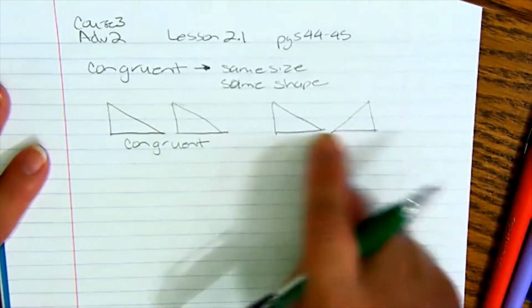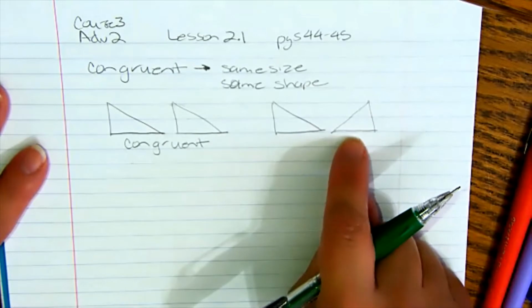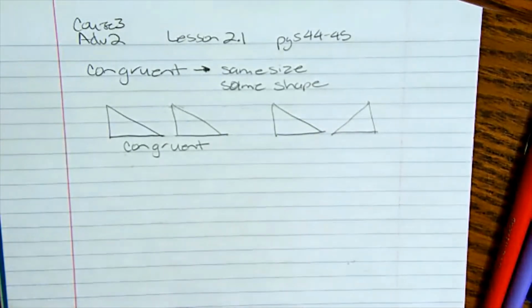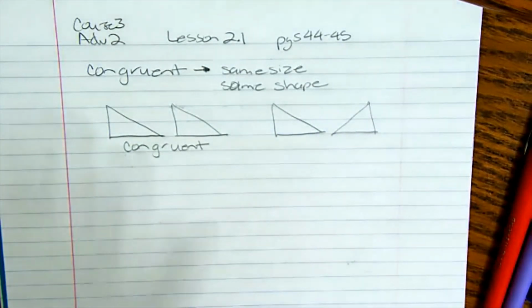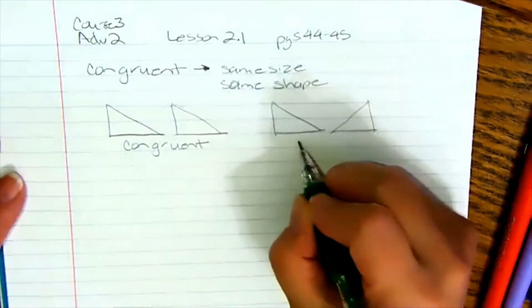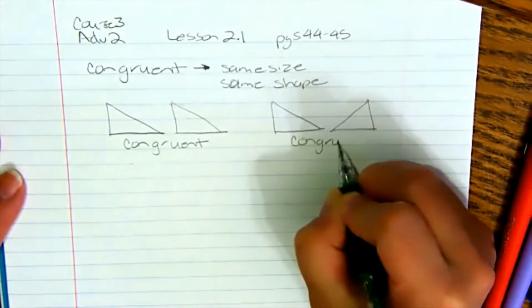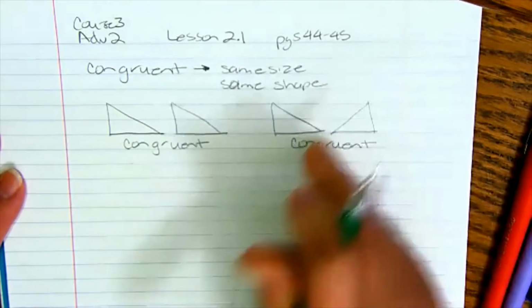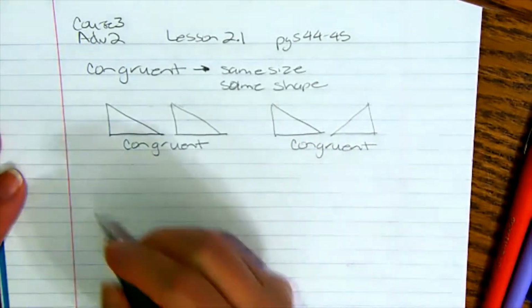These triangles are the same size and the same shape, but they are not the same orientation. That means they're not going the same direction. However, they are still congruent because they are the same size and same shape.